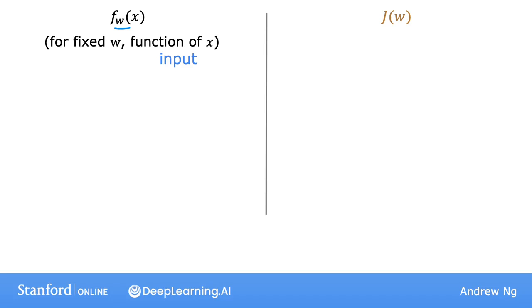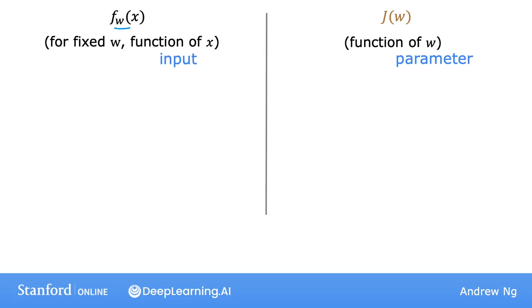In contrast, looking to the right, the cost function J is a function of w, where w controls the slope of the line defined by f_w. So the cost defined by J depends on a parameter, in this case, the parameter w.